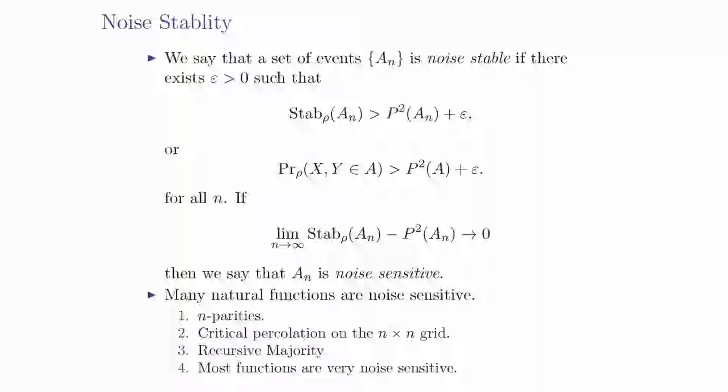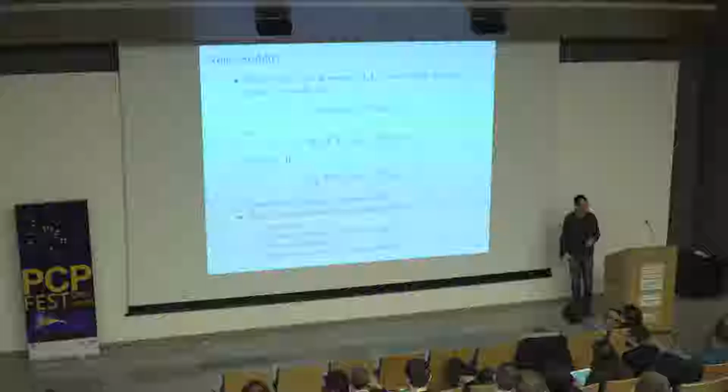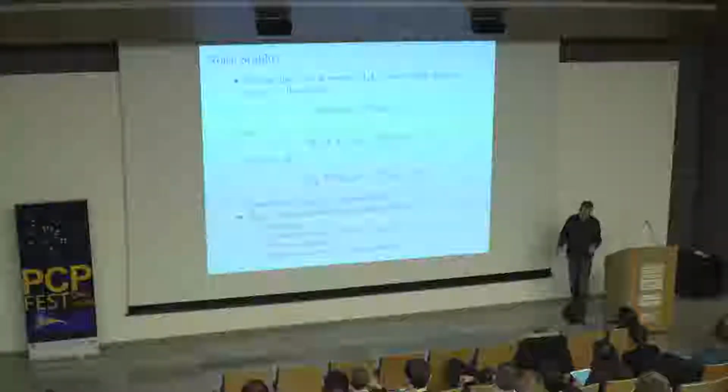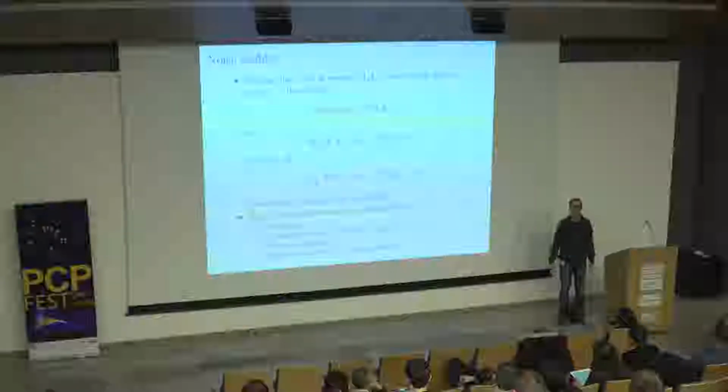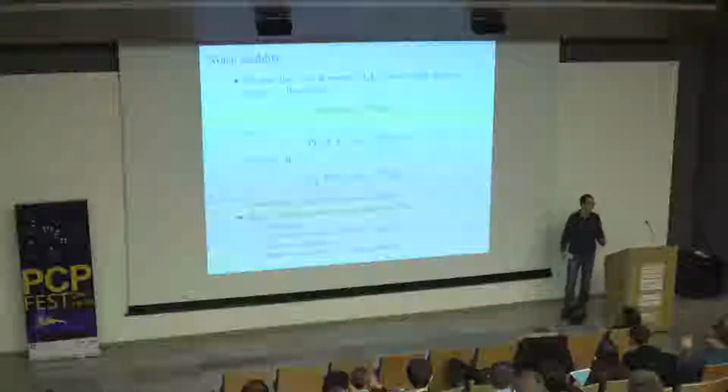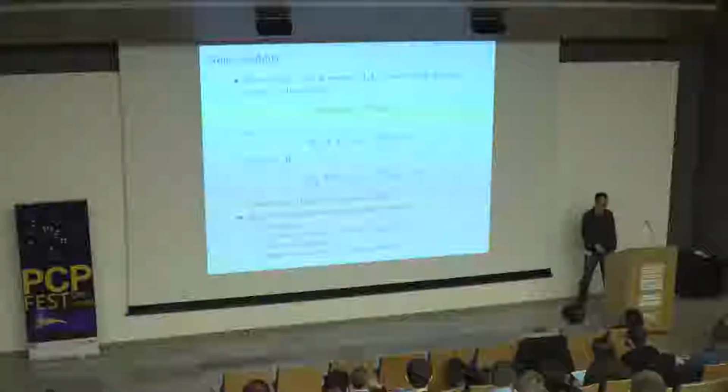If you look at bigger and bigger parities, they are going to be noise-sensitive. If you look at critical percolation on the n by n grid, a model that Gil described from statistical physics, this is also noise-sensitive. If you look at the recursive majority function, how many of you have seen the recursive majority function? Raise your left hand. Okay, so many of you have seen it. If you've seen the recursive majority function, this function is also noise-sensitive.